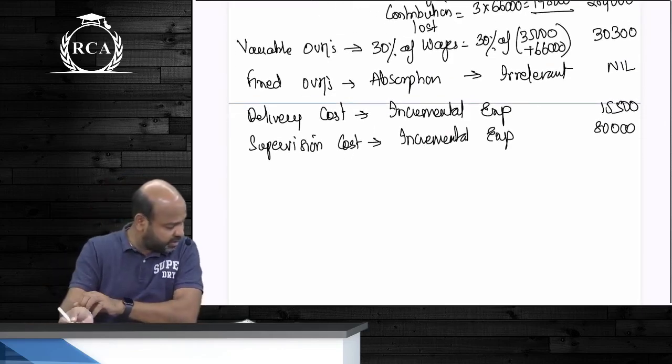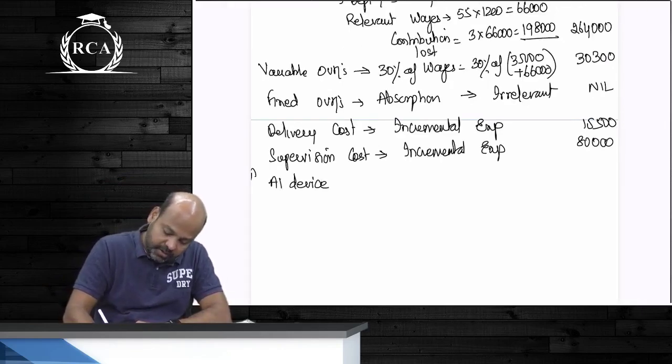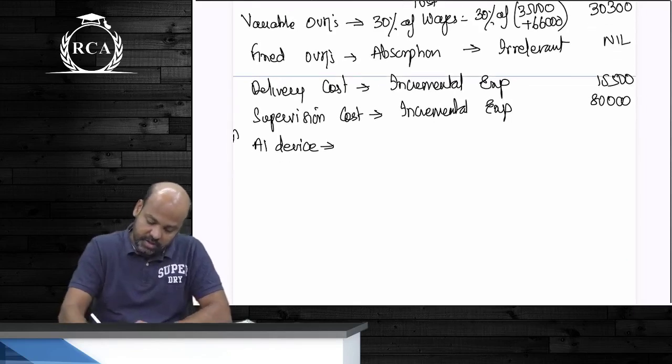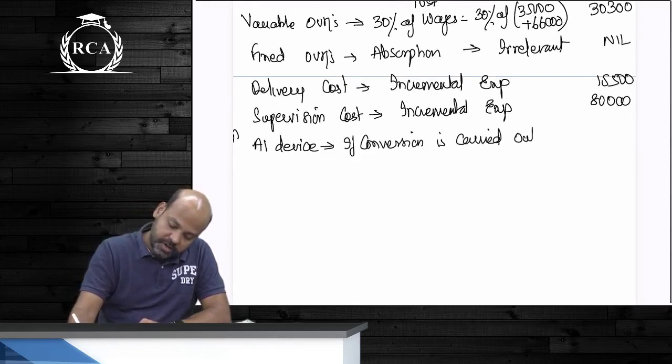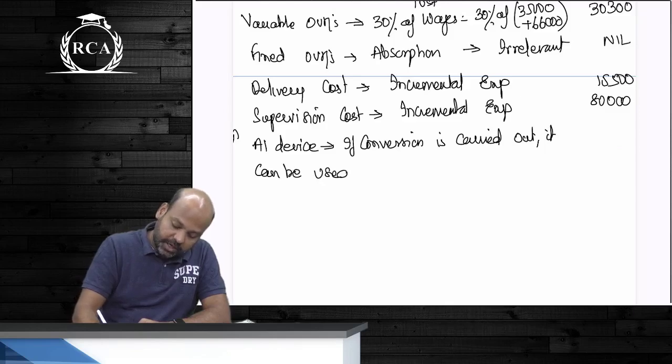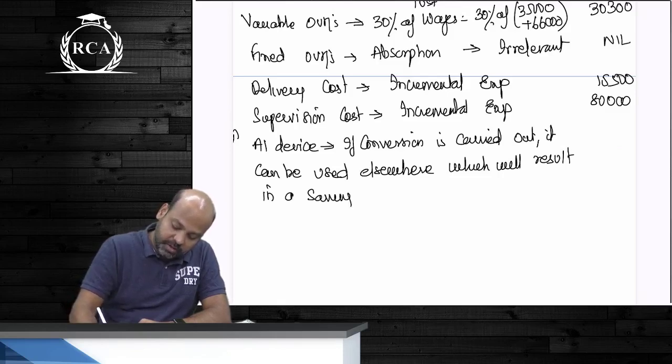Next, AI device. If conversion is carried out, it can be used elsewhere, which will result in a saving of how much? 1,05,000.